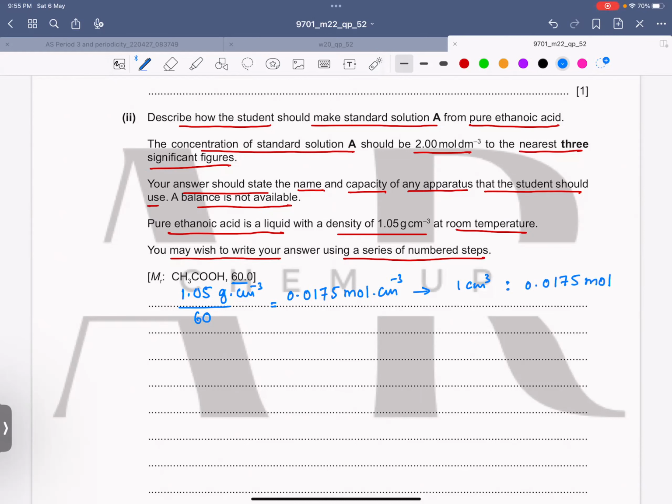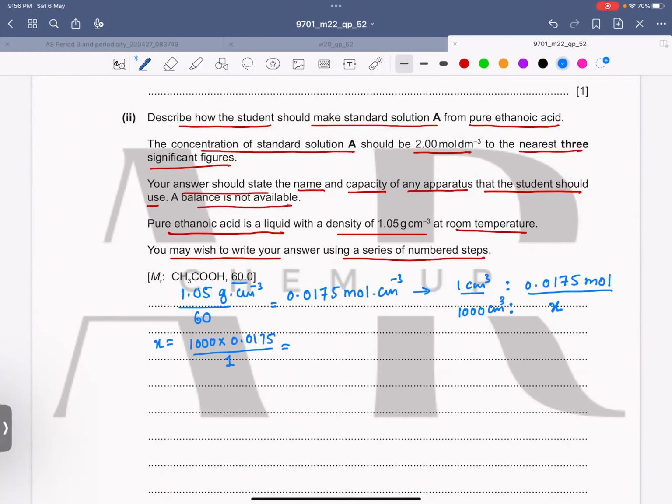And if I have to turn it into mole per dm cube, we all know that 1 dm cube is equal to 1000 centimeter cube. So if 1 centimeter cube has this number of moles, then 1000 centimeter cube must have X number of moles. So the value of X would be 1000 times 0.0175 divided by 1.